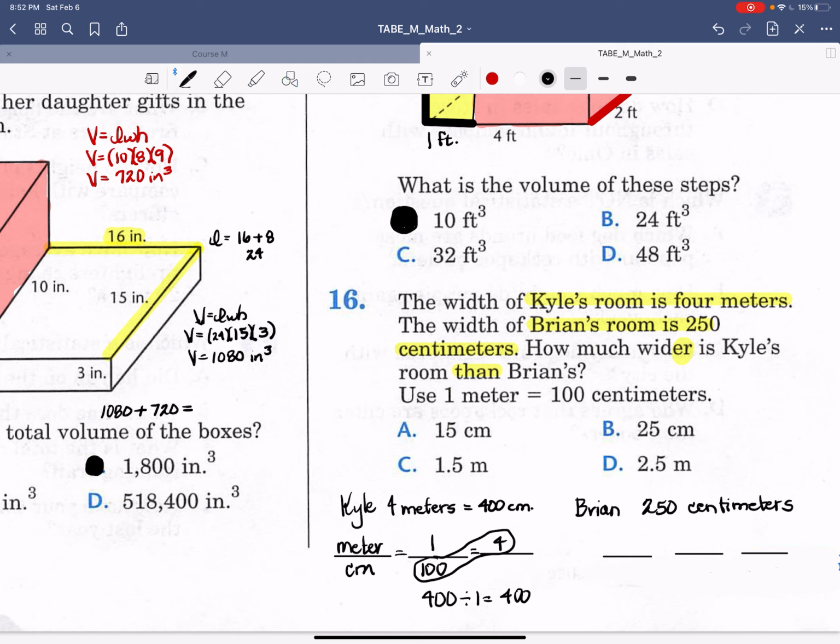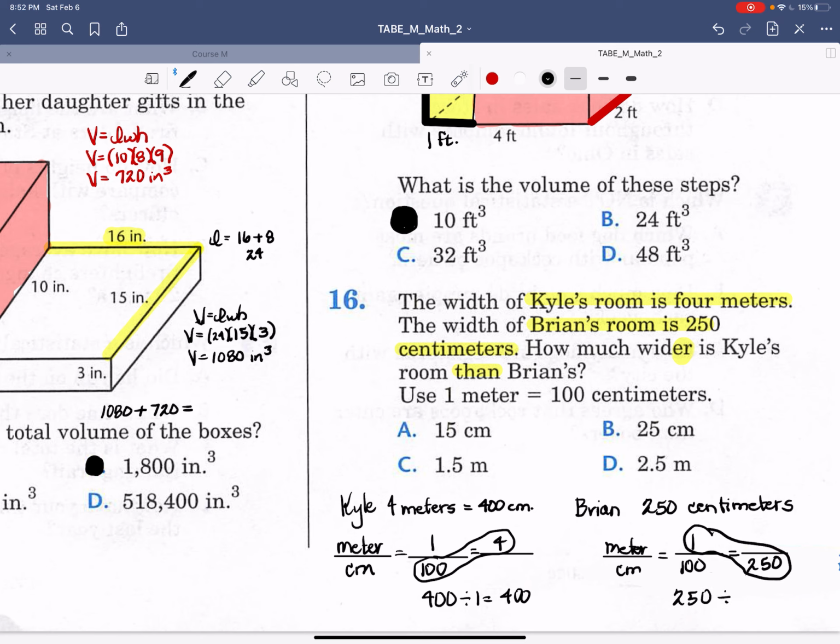It's even the same standard, the same ratio, meter and centimeter, 1 and 100. But Brian's room is 250 centimeters. So 250 times 1, that's 250.